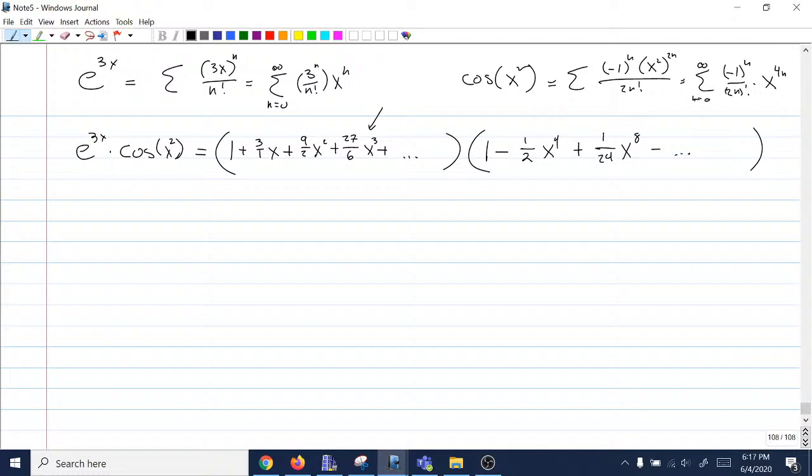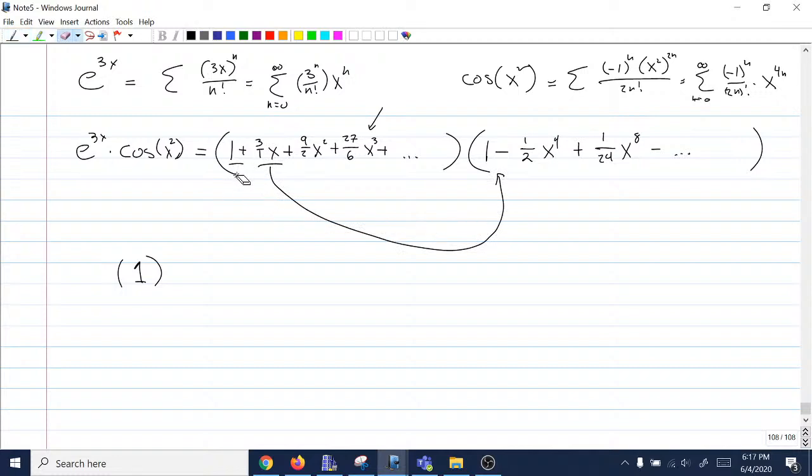Well, you'll see. What happens when I FOIL this out? 1 times 1 gives me 1, and that's the only way to get a constant, is by constant times constant. How can I get an x? X times 1 gives me an x to the 1. 1 times x would, but there's no x term to multiply by.